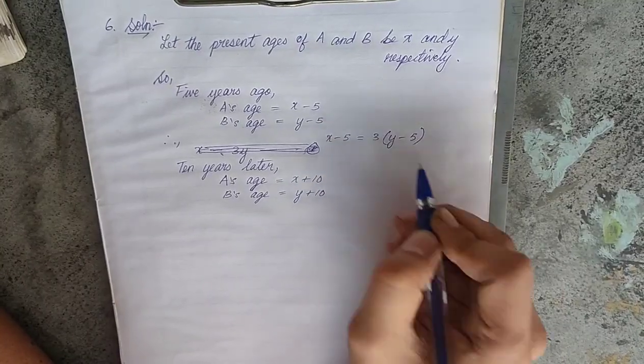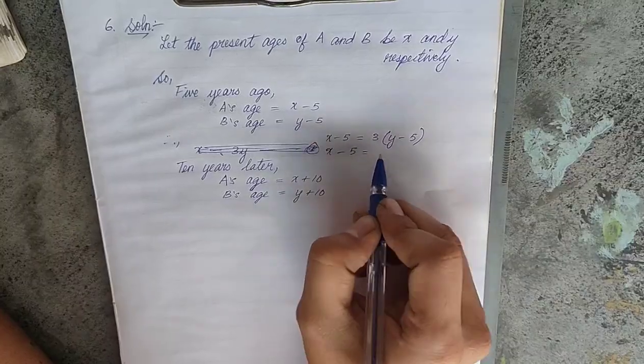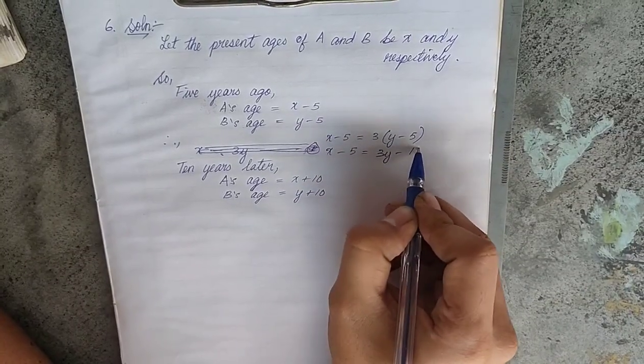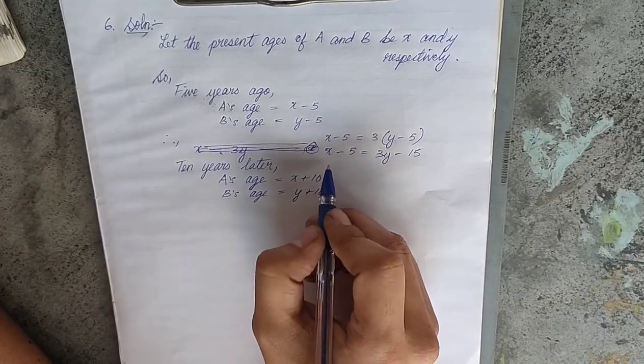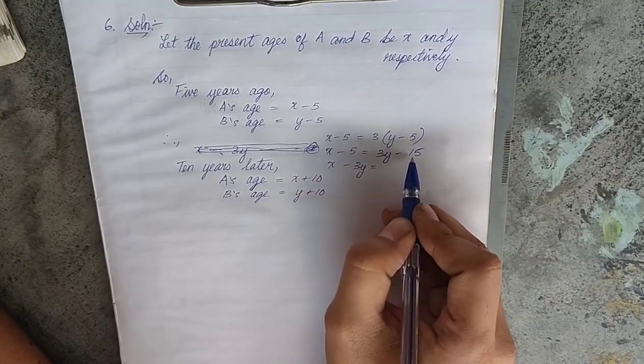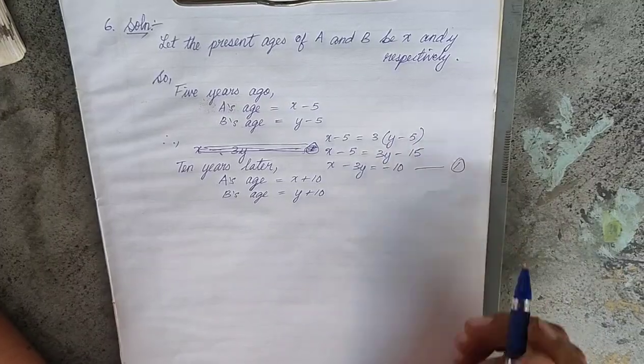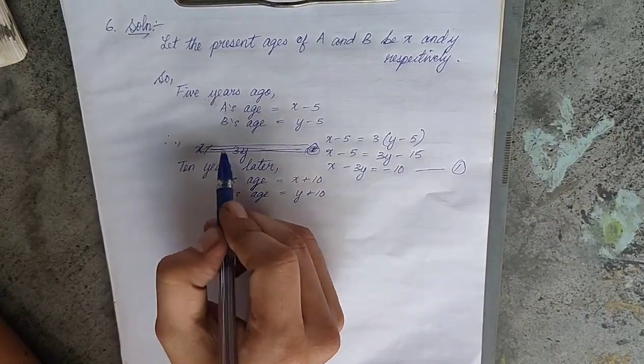Simplifying, x minus 5 is equal to 2y minus 10, so x minus 2y is equal to minus 10 plus 5, that is minus 5. This is equation 1.